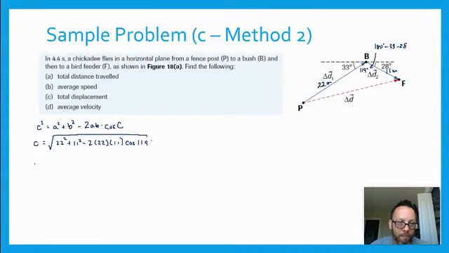We should get 29 if we've set things up correctly and did our work from the previous method correctly. I sure hope so. I don't really want to reshoot this video. 11 times cosine 119 and square root. Yeah, I got 28.98, so pretty much right on 29 meters. That's good. That's what we expected.